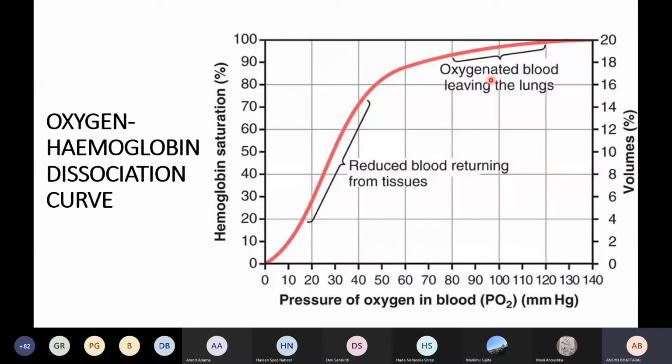Right, and as the oxygen is taken up by different tissues of the body, it travels through tissue capillaries, and oxygen is continuously taken up and the partial pressure of oxygen continues to drop, but the oxygen saturation of hemoglobin only drops to about 70 to 75%. And only when the partial pressure of oxygen drops below 40 millimeter of mercury is there a steep decrease in the oxygen saturation of hemoglobin.